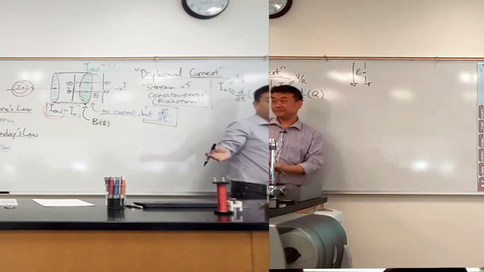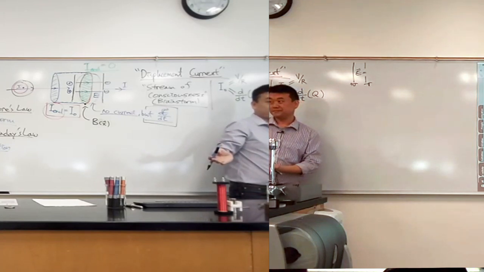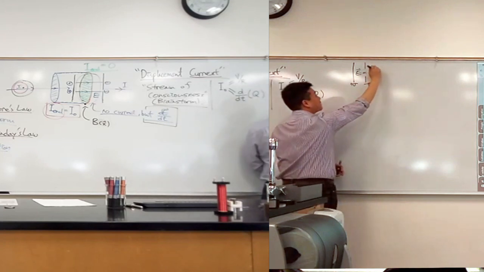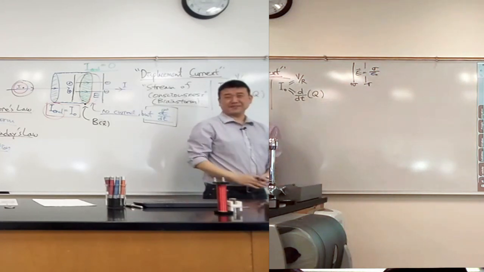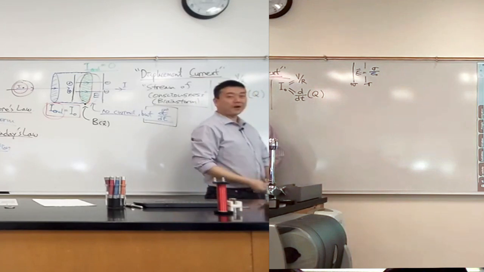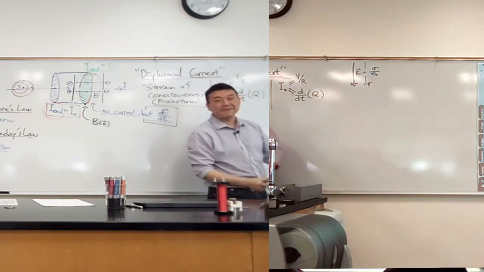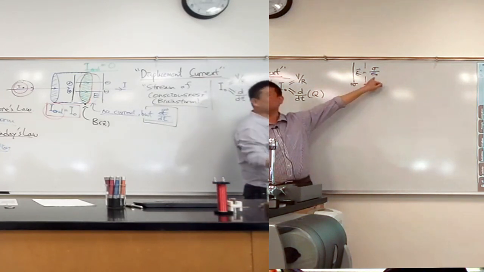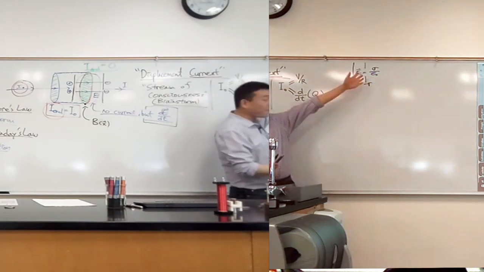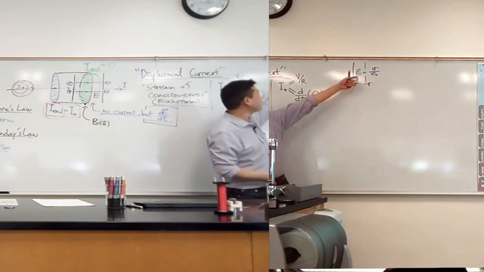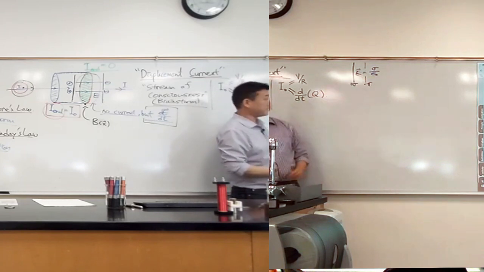No? Is it sigma over permeability of free space? Permittivity, yeah, sigma over epsilon naught. I prefer to call it the electric constant because permittivity, permeability, who knows what they mean. But you do know that epsilon naught has to do with electricity. Okay? So this is the formula that hopefully you have memorized. This is the electric field in between a parallel plate capacitor.